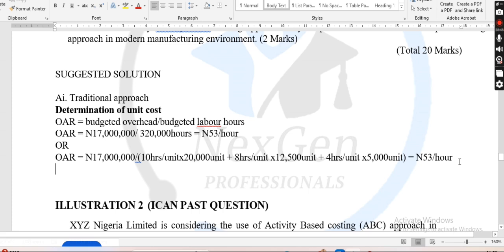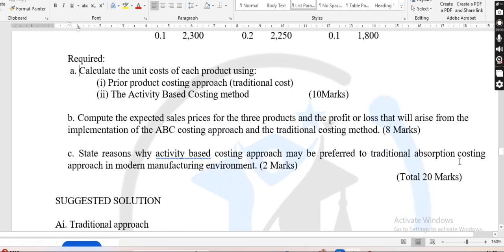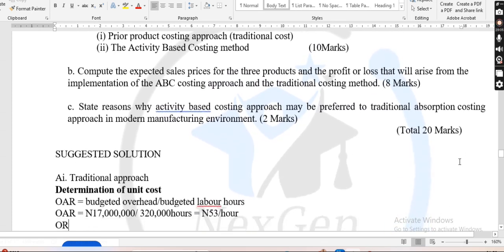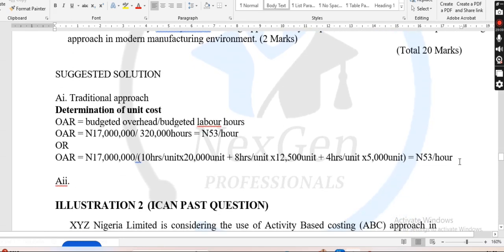So the second one is a Roman figure 2, when you have the activity-based costing. Now, this is the activity-based costing.